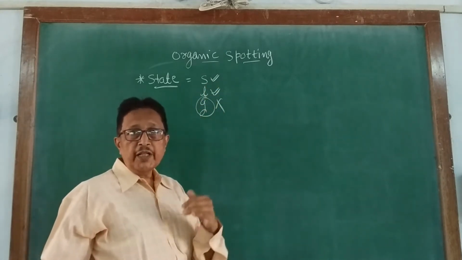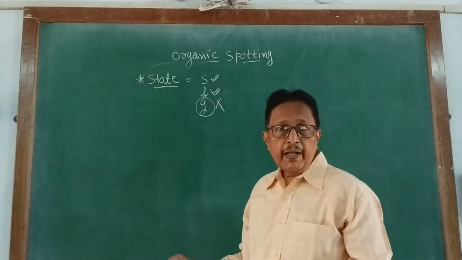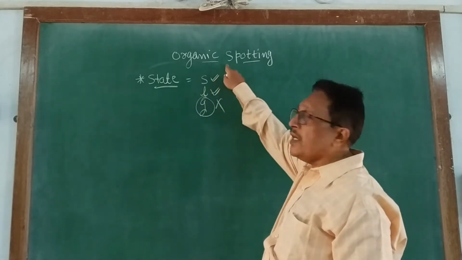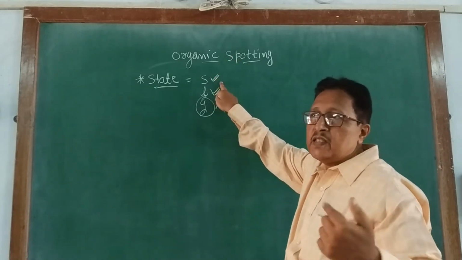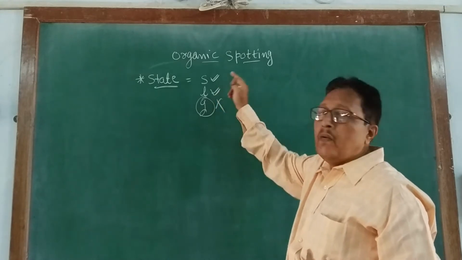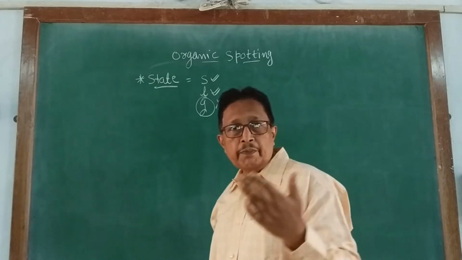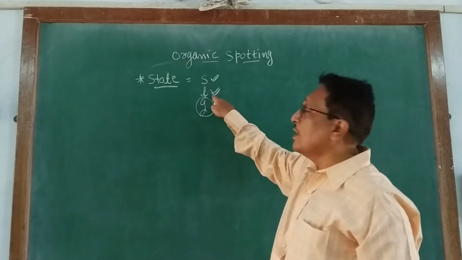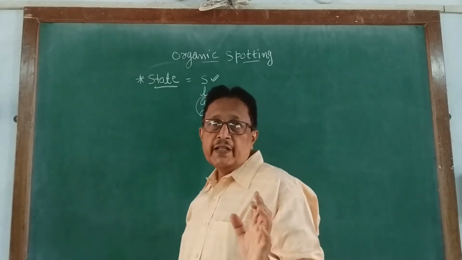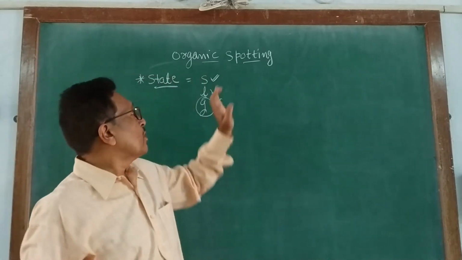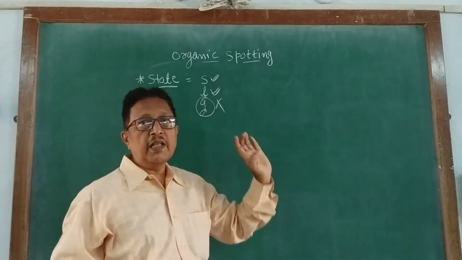I am giving this idea two times. Why? When you start organic spotting, you may say in the first test that your substance is solid, and finally at the time of the result, you may say that the substance is liquid.